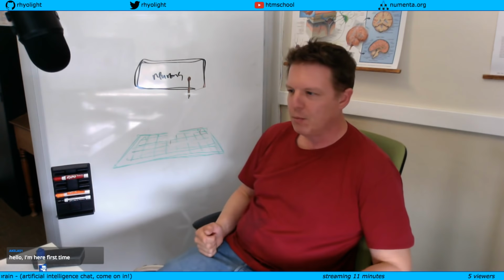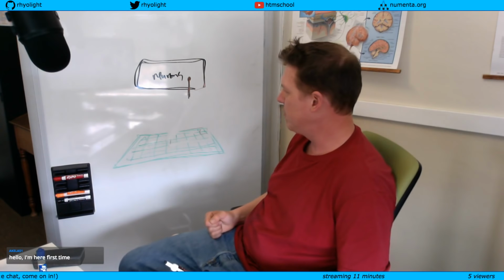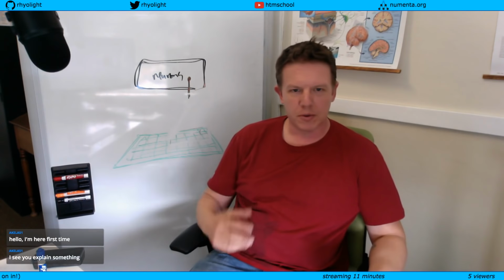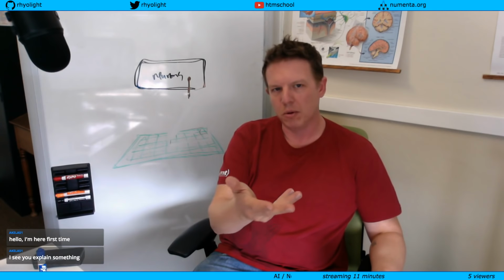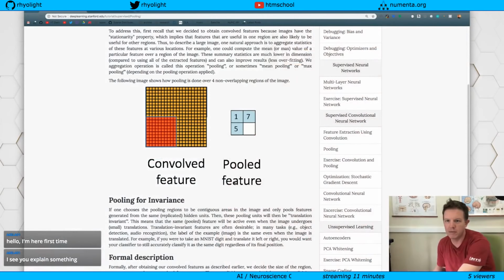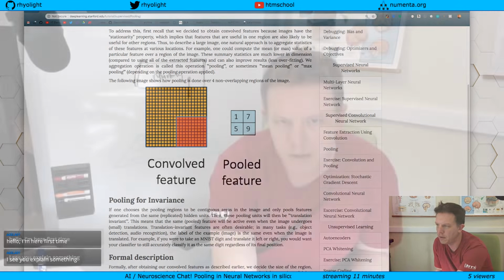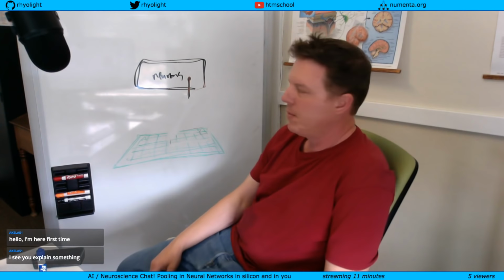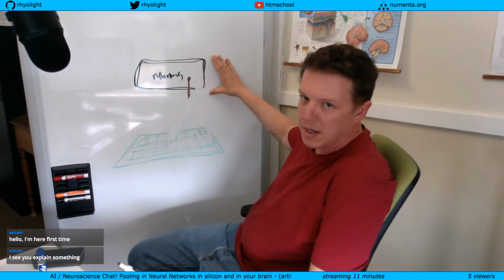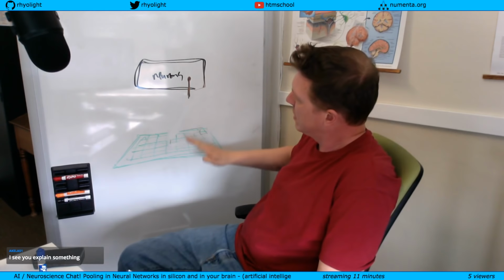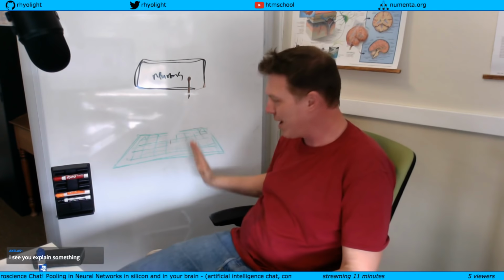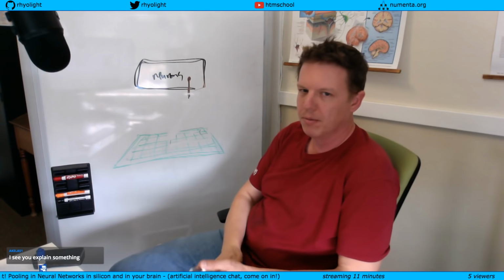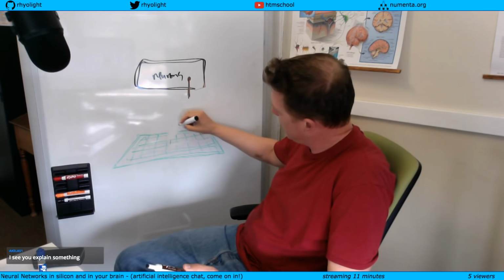Hi, Akela51. It's your first time here. I'm talking about neuroscience and AI, specifically pooling, and I'm relating the max pool idea in convolutional neural networks to how it really works in the brain. I'm talking about a population of neurons in the cortex getting sensory input, proximal feed-forward input.